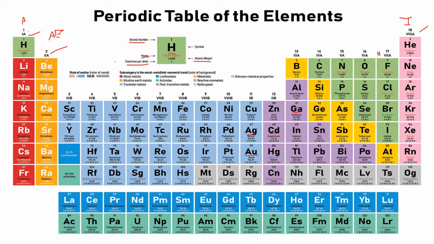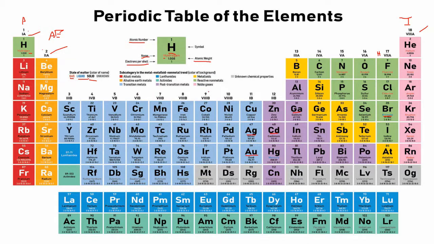For further understanding, we can see the state of matter, given by the color of the name. Hydrogen is given its name in red color, so you can understand it is a gas. If you want to see a liquid, bromine is the liquid, shown in blue color. And the solids: most of the transition metals, 3B to 2B, all these metals in between are called metals, and those are solids.